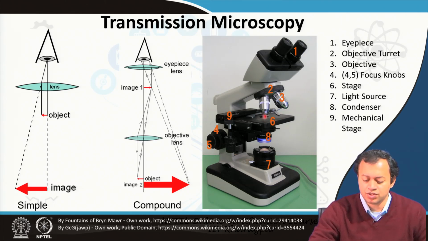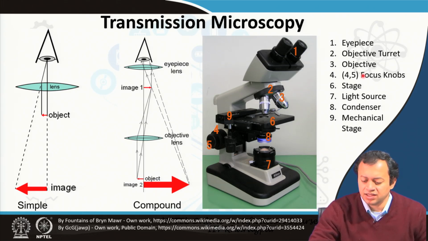You see the hole here, you put your slide here, the sample is back illuminated, and from this objective it gets magnified, and this magnification is further magnified twice by your eyepiece, and you are seeing an amplified image of the slide or of the sample that you have put here.